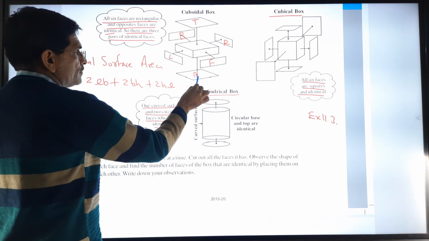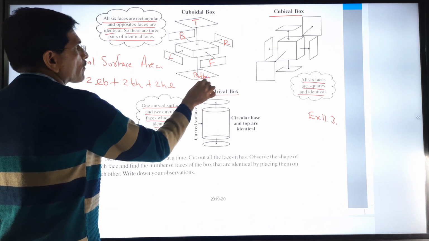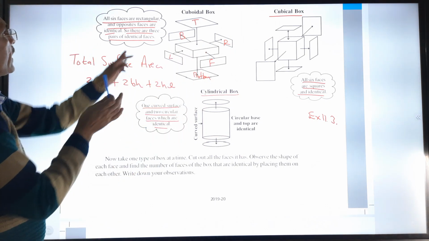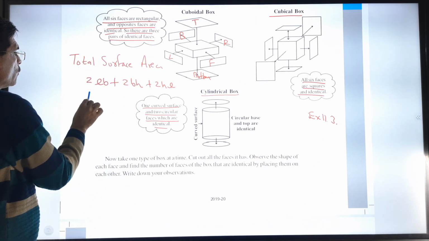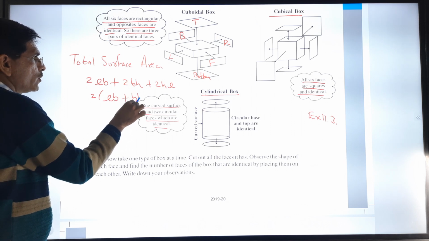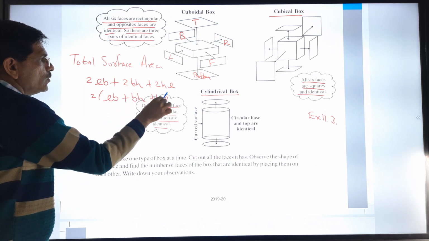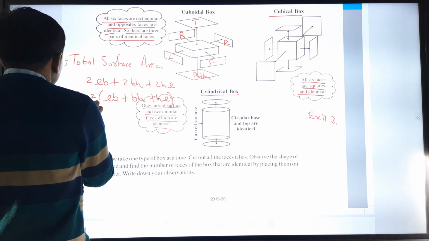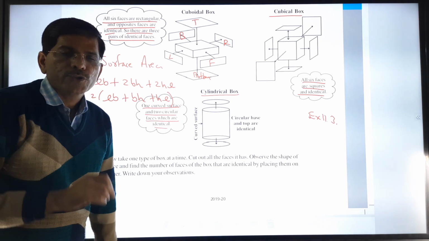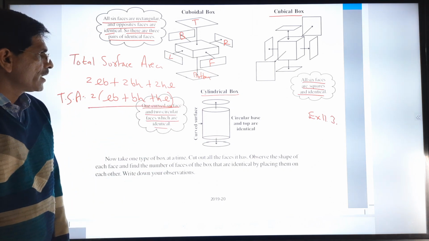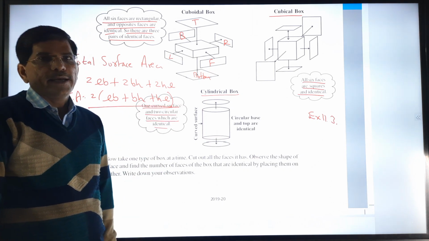top and bottom, front and back, left and right, all are identical. So if I take 2 common outside, then the formula is L into B plus B into H plus H into L. That is the formula for TSA of cuboid. So TSA of cuboid is 2 into (LB plus BH plus HL).